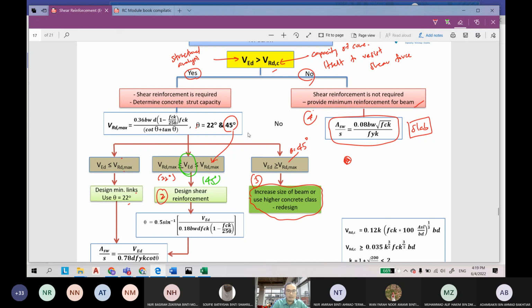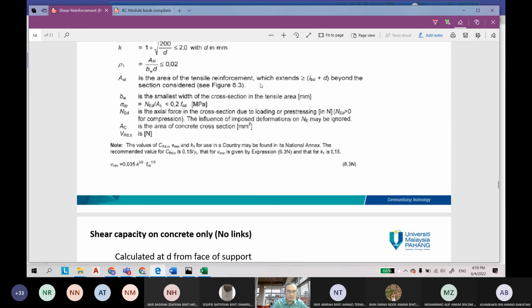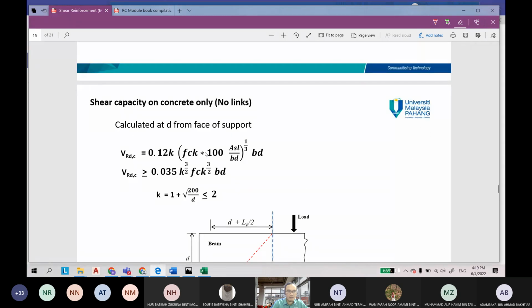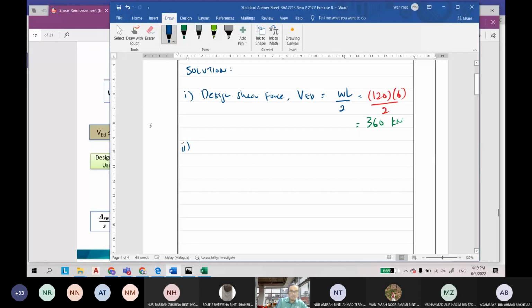If you want to check, you can use this equation. So step number 2 is we check the concrete strut capacity.